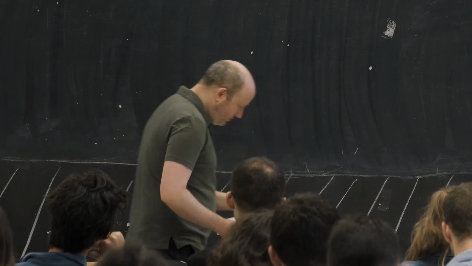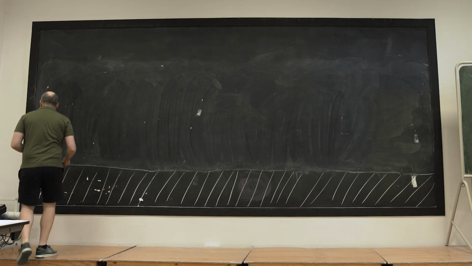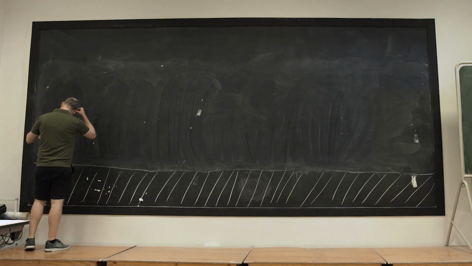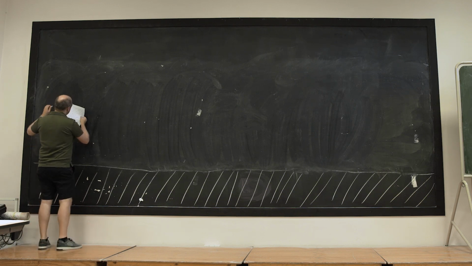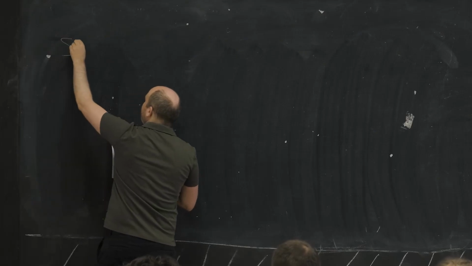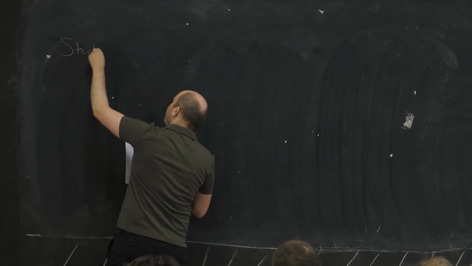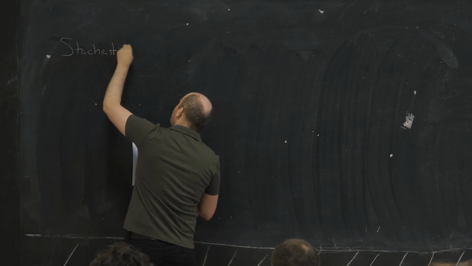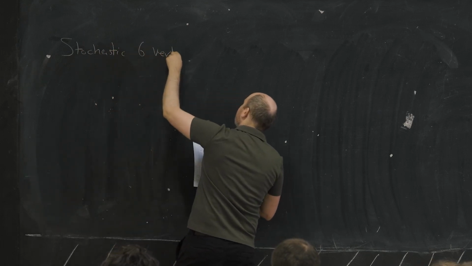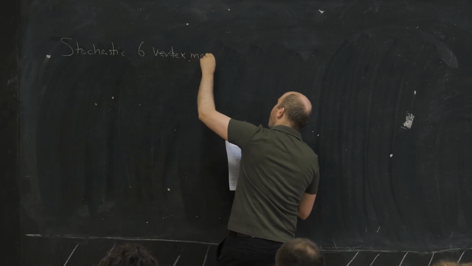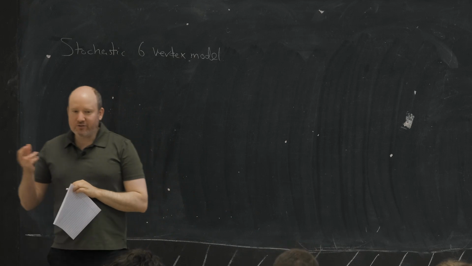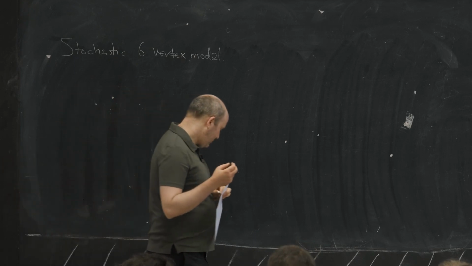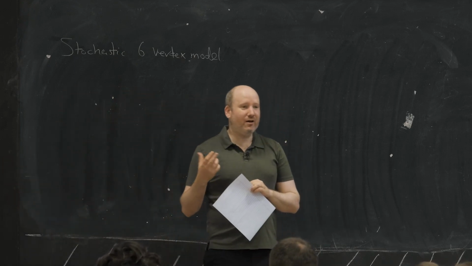So the model that we'll be primarily studying today is different than we've seen before, but it's not so different. It's going to be the inhomogeneous stochastic 6-vertex model. And in a sense, this is a model that underlies lots of other things.